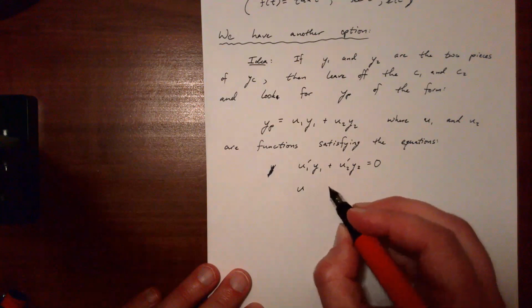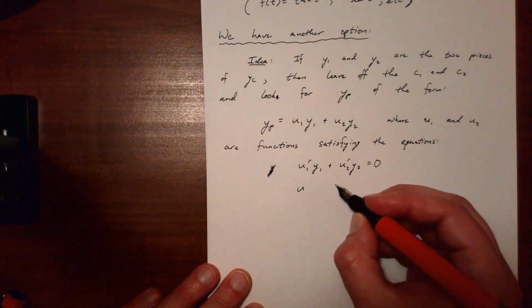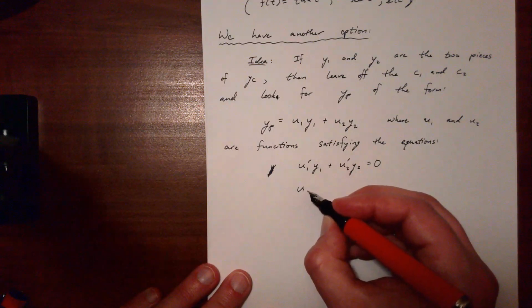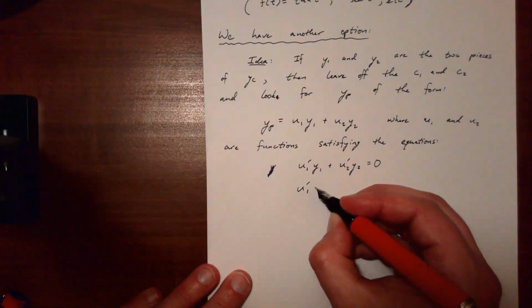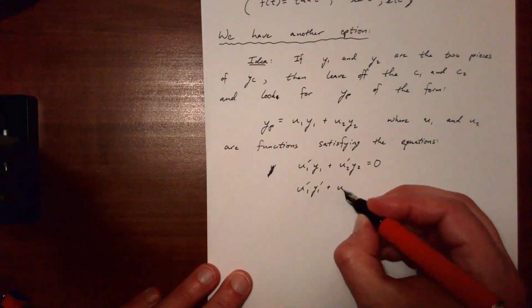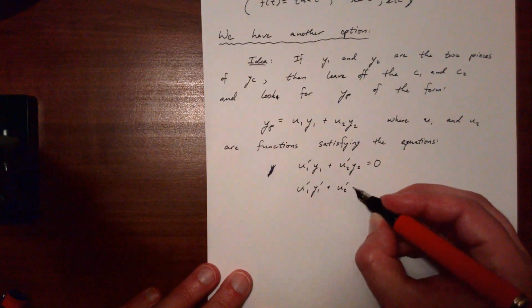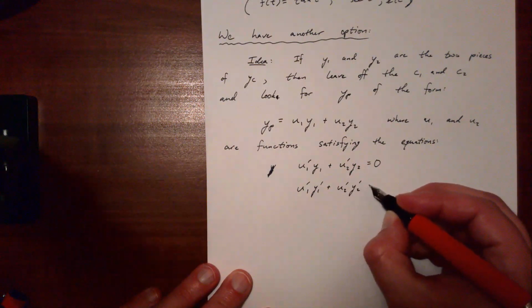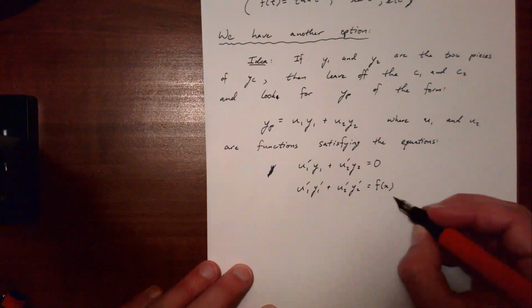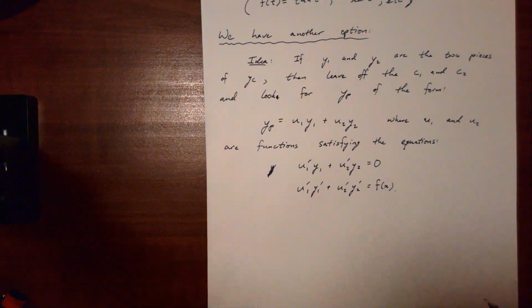So u1 prime y1 plus u2 prime y2 equals 0, and u1 prime y1 prime plus u2 prime y2 prime is equal to f of t. Okay, so for magic reasons, this turns out to work.